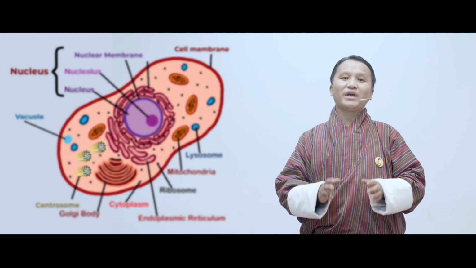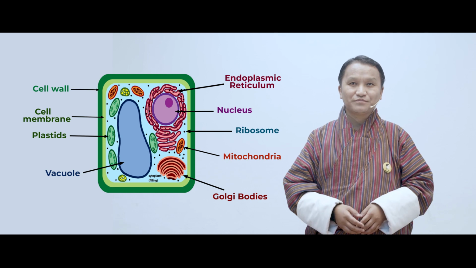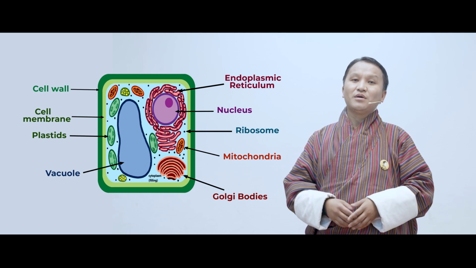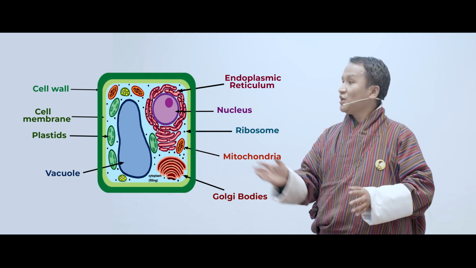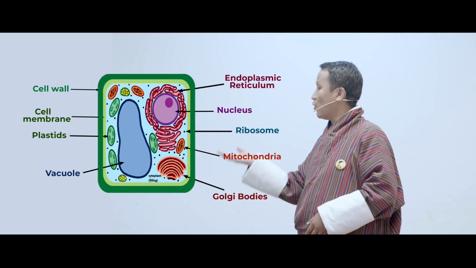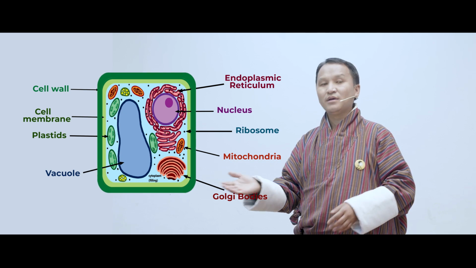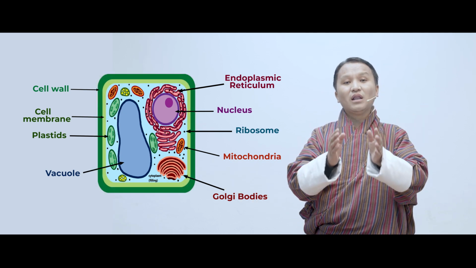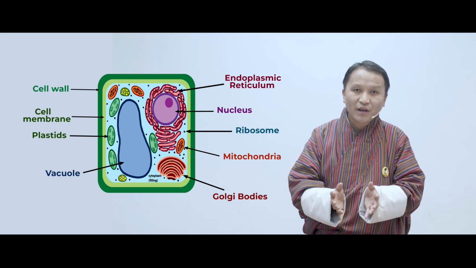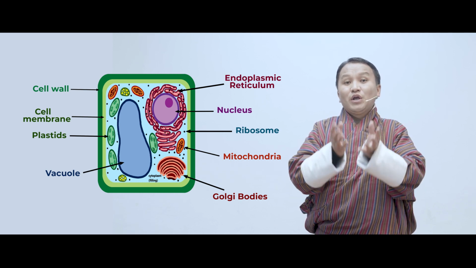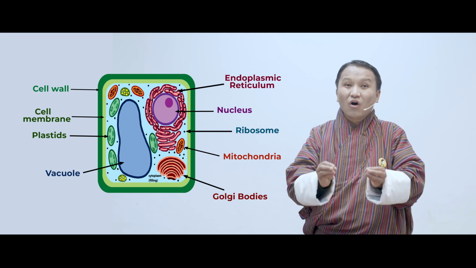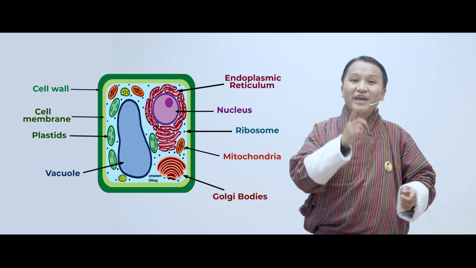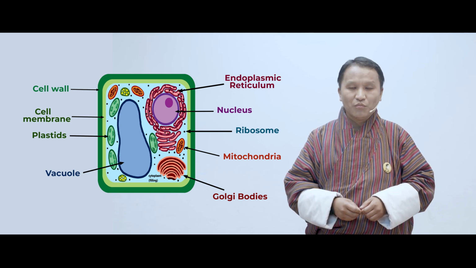Let us now look at the plant cell. Unlike in the animal cell, plant cell has cell wall as the outermost layer. After that, like in the animal cell, within the cell wall, you will find the cell membrane, and inside the cell membrane, you will find almost all these cell organelles that are found in the animal cell except centrosome.